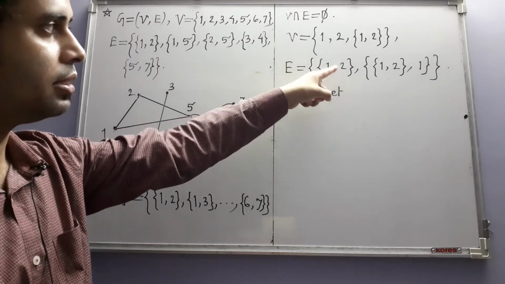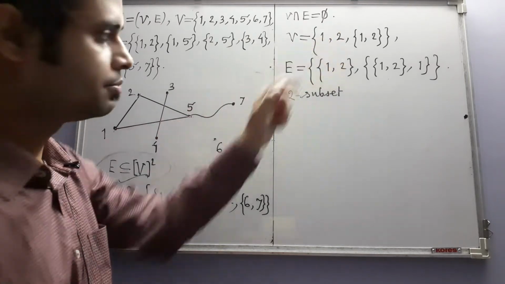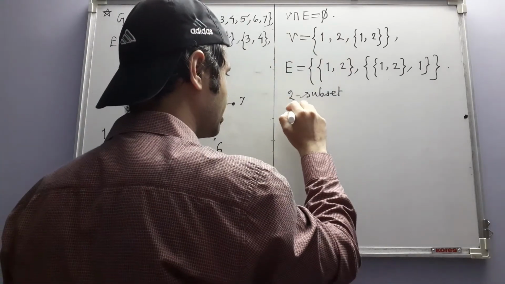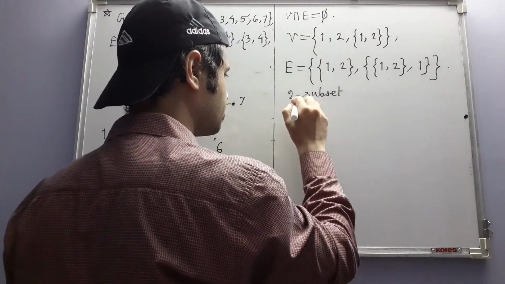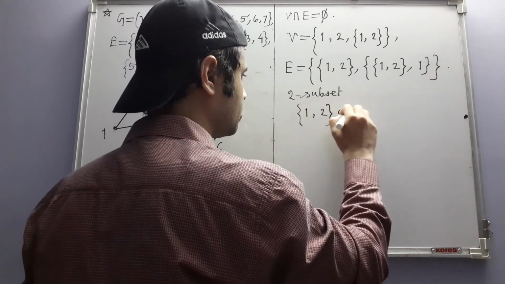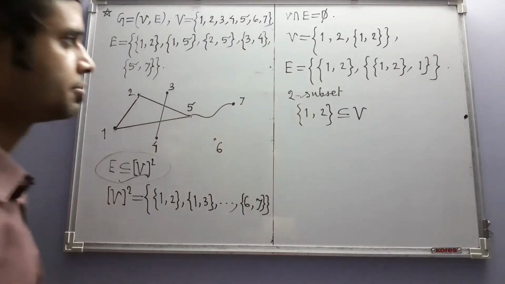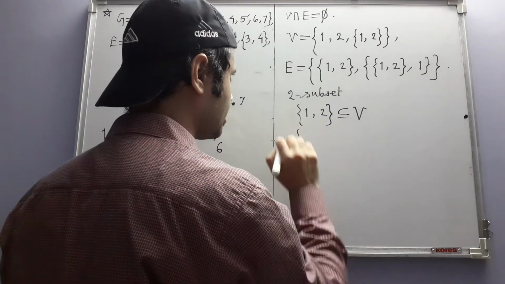Because the elements in this subset are also there in V. It's a subset of V and it has 2 elements. What about the other element in E?